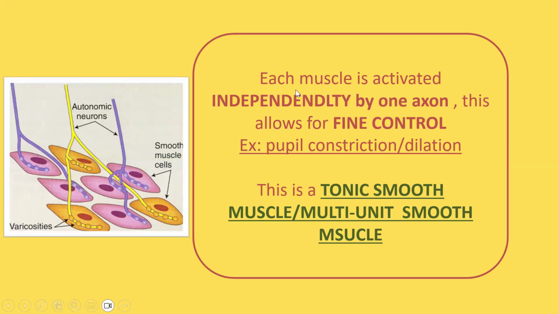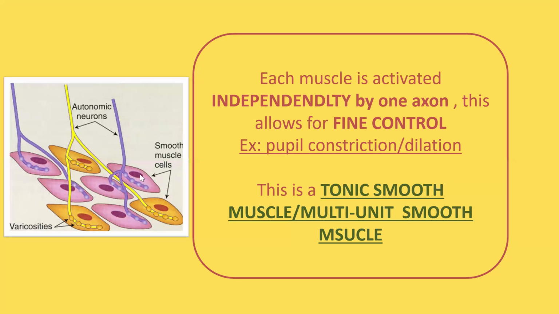Okay, now what if we have one muscle cell stimulated by one individual autonomic neuron? It is called the tonic or multi-unit smooth muscle contraction. This allows for specific movements and fine control of everything. So, for example, the eye muscles: the pupils are controlled by smooth muscles. You have pupillary constrictor muscles and pupillary dilator muscles, right?